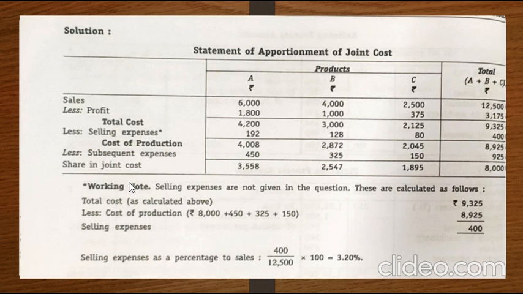So as we are going in the reverse order, we need to know what is the selling expense. We can easily find out the selling expense if you remember the format. According to the format, when will we come to the cost of production stage? When we add from direct material, direct labor, we get a total of prime cost. Prime cost plus factory expenses will give you works cost or cost of production.